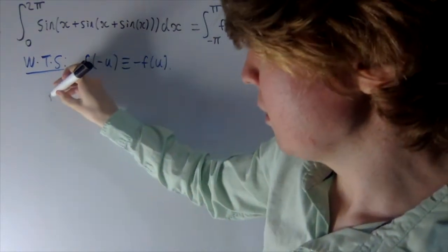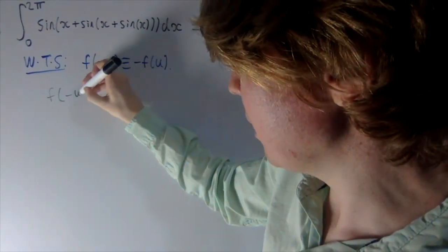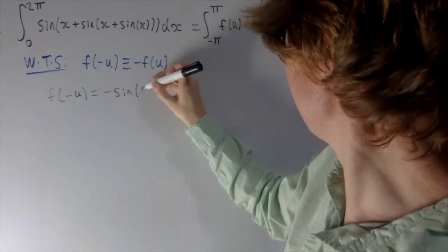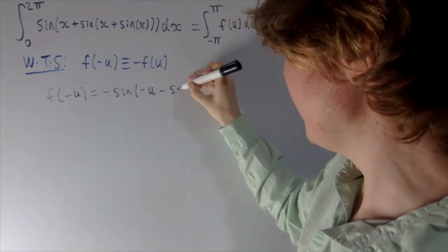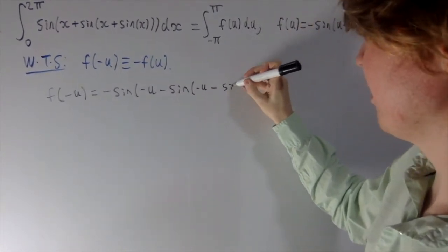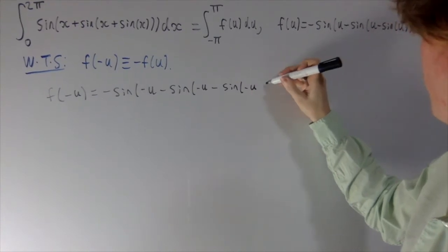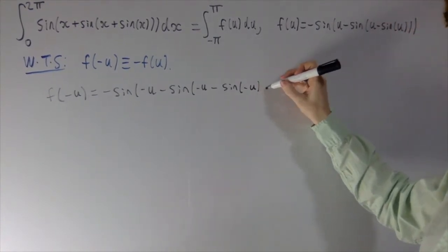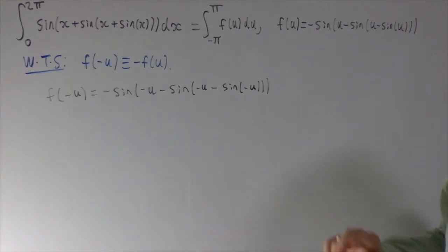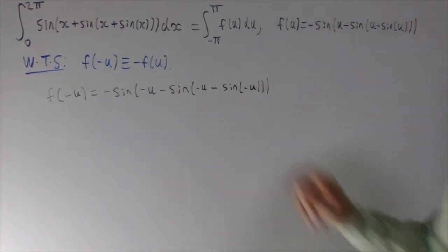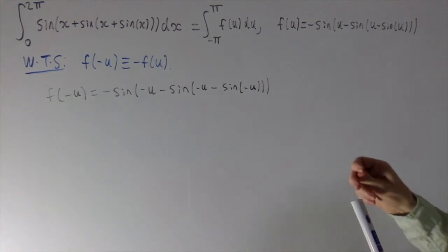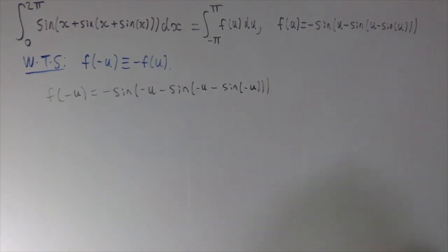Okay, so f of minus u is equal to minus sine minus u minus sine minus u minus sine of minus u, and then our brackets there. And then hopefully we can tidy this up a bit, get it looking more like minus f of u by using properties of sine here.